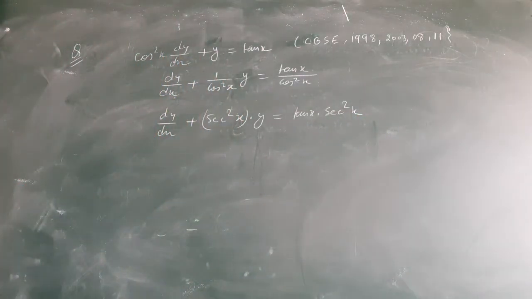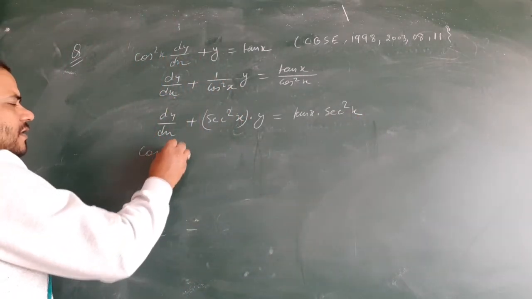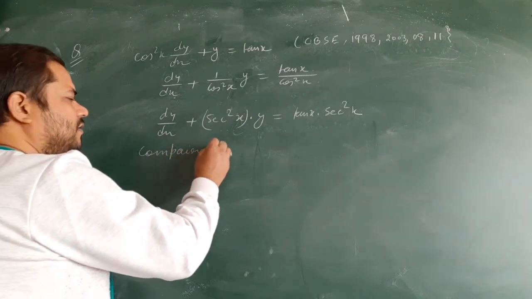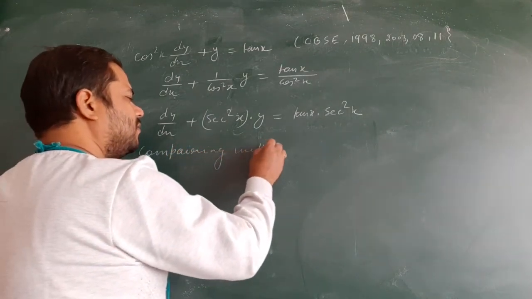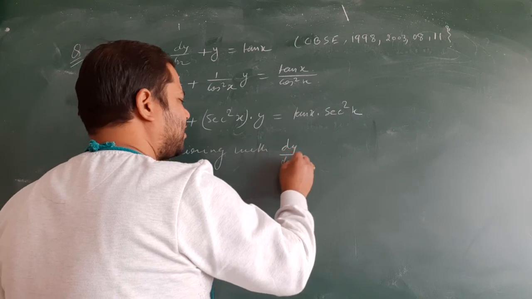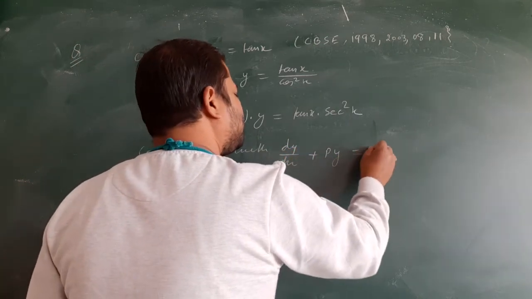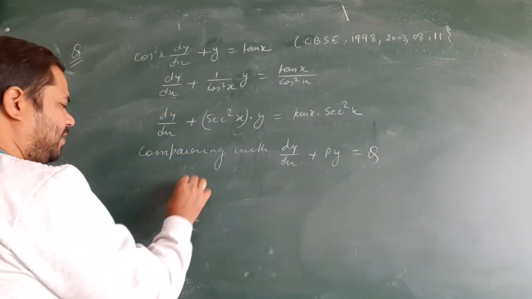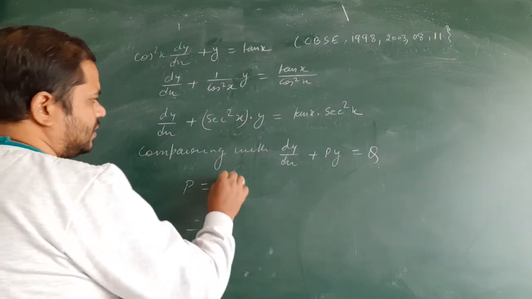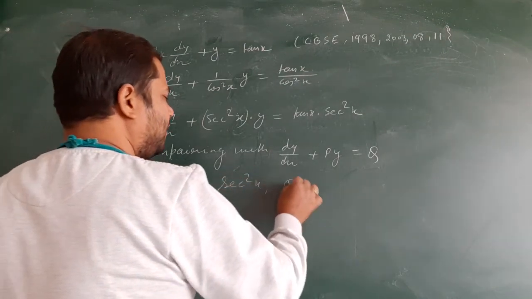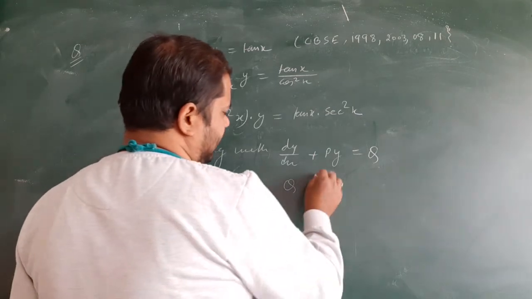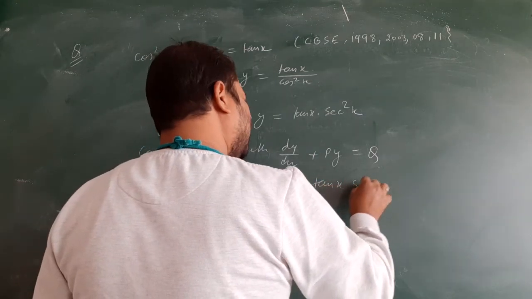Now comparing with dy by dx plus py is equal to q, we will get p is equal to sec square x and q is equal to tan x into sec square x.